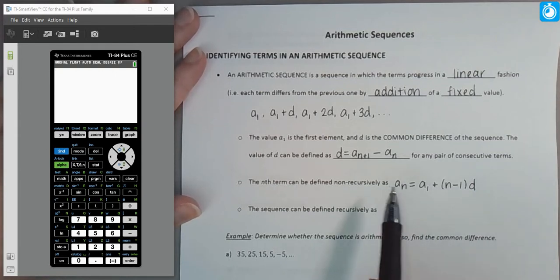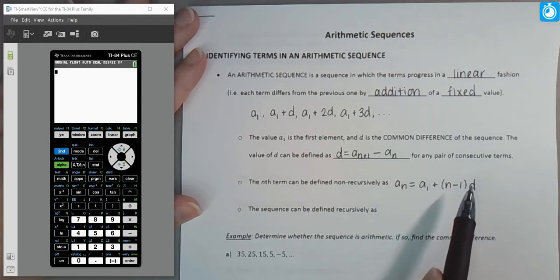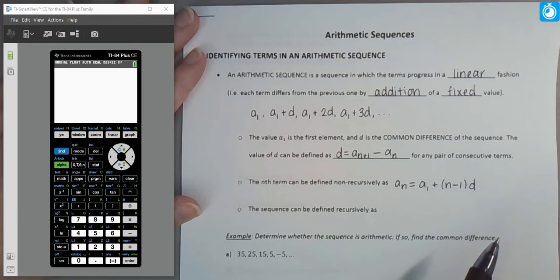But if the goal is to actually structure the nth term, find the formula for that, we plug in A1, we plug in D, and we write the formula that results.